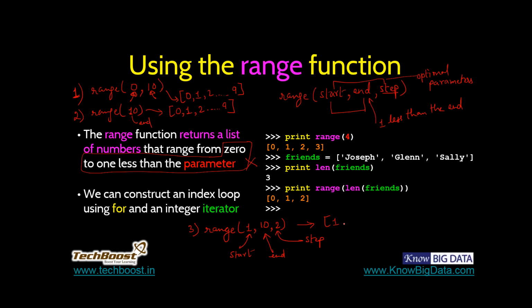Starting from 1, stepping by 2: 1 plus 2 is 3, 3 plus 2 is 5, 5 plus 2 is 7, 7 plus 2 is 9, 9 plus 2 is 11. Now 11 goes out of scope because our end is 10, and we can go only till 9.